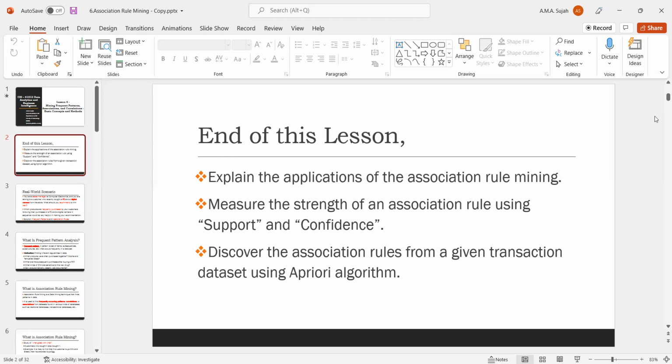Based on support and confidence, we will find association rules. Also, we will apply association rule mining using the Apriori algorithm. There are different ways, but we apply the Apriori algorithm to find association rules. These are the things you will understand throughout these lectures.